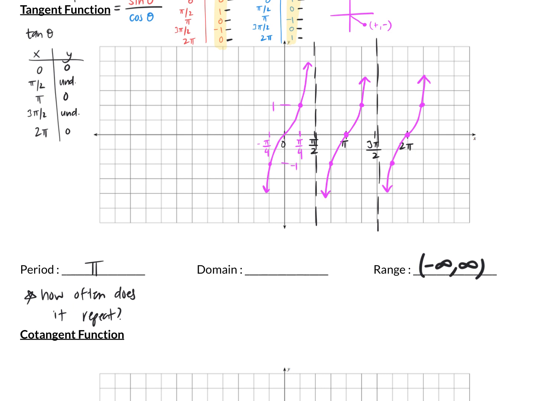And then the domain part, I'm going to write it kind of funky, but basically all the domain part says is that x cannot be anywhere where I have an asymptote, right?